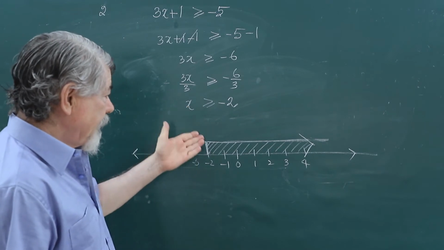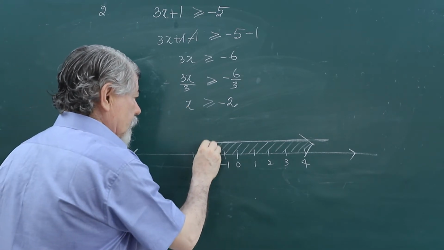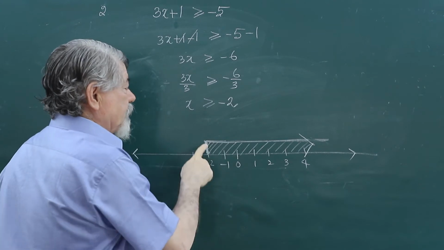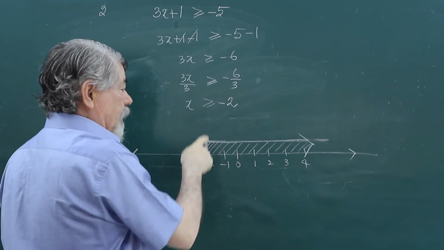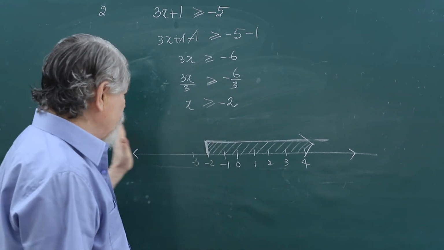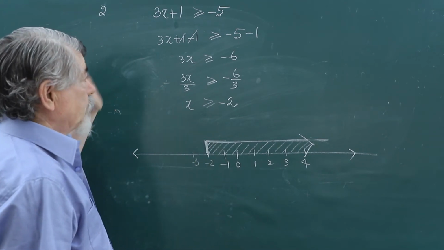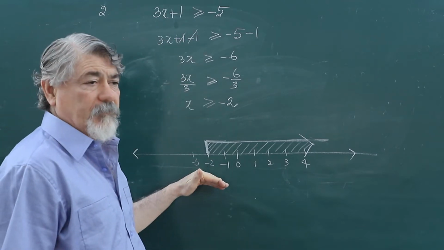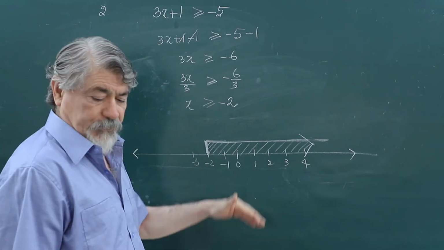When the term equal comes, then we put a line also. It is greater than and also equal to. If it was less than or equal to, then we would have gone to this side. So we represented this on the real number line this way.